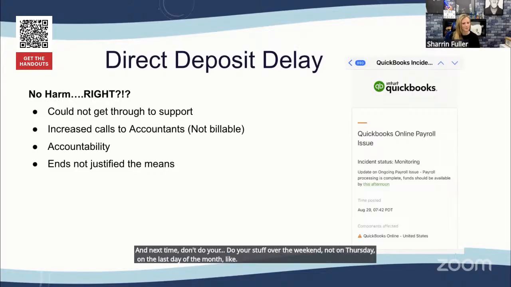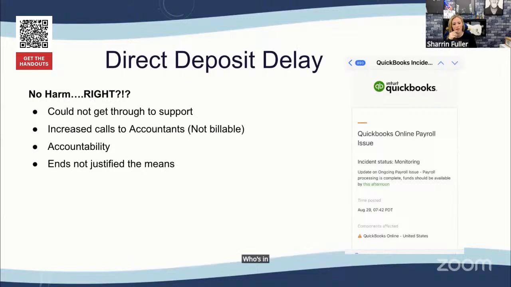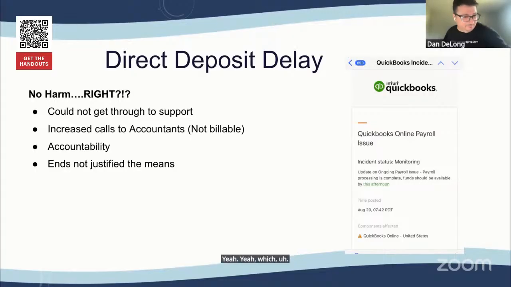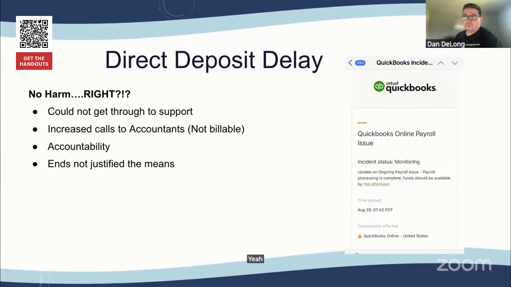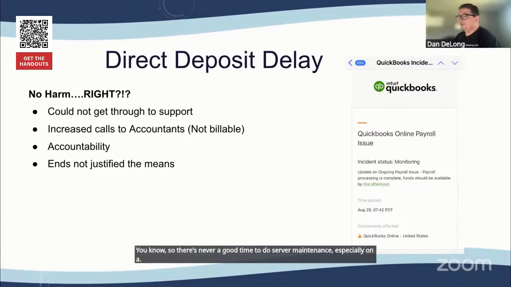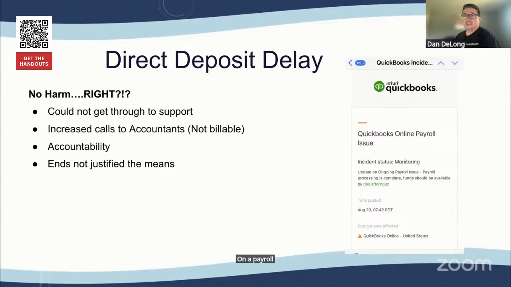Like, who's in charge over there? No one. AI. Yeah, which also leads to other challenges when people are working on the weekend and the other people aren't available. So yeah, there's never a good time to do server maintenance, especially on a payroll related thing, and especially not the day before.